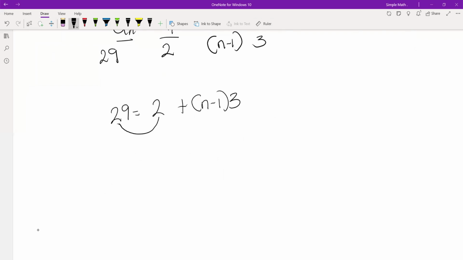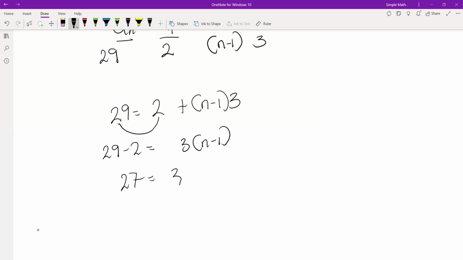Remember, when you move numbers to the other side of the equal sign, the sign is going to change. So it becomes 29 minus 2 equals, I won't expand this yet, 3 times (n minus 1). 29 minus 2 is 27.